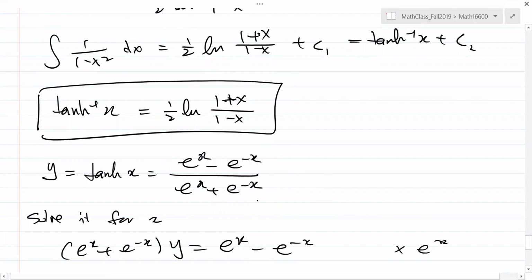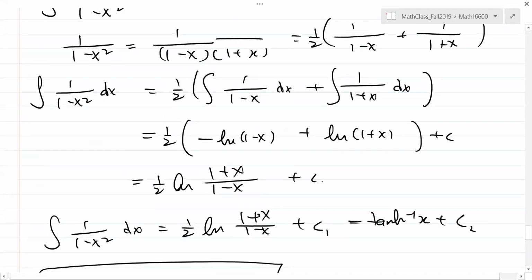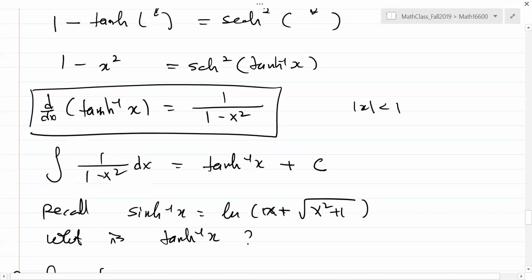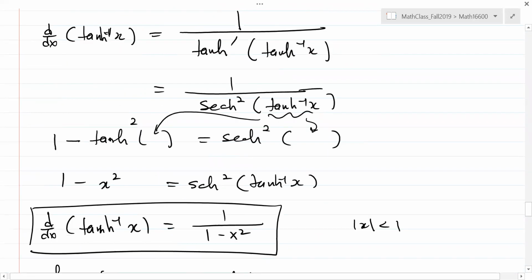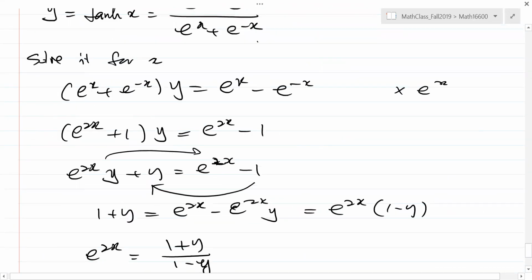And how do we get that? We use the integral. We use a derivative. The derivative of the inverse of tangent x equals 1 over 1 minus x squared. Okay, how do we get that? We use another formula. So they're all connected.